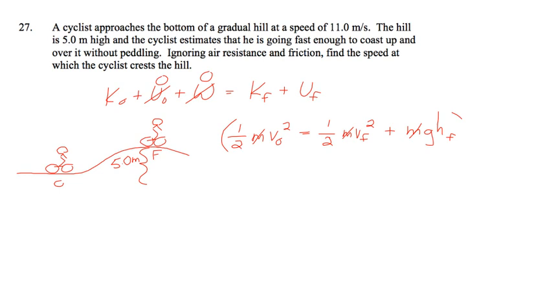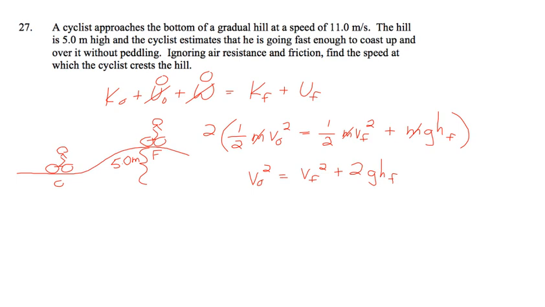I now want to get rid of fractions. So I'm going to get vo squared equals vf squared plus 2 g hf. Since the unknown in the problem is vf, I'm going to move this to the other side and then take the square root, and that will get me vf.